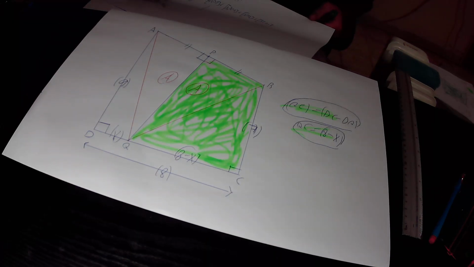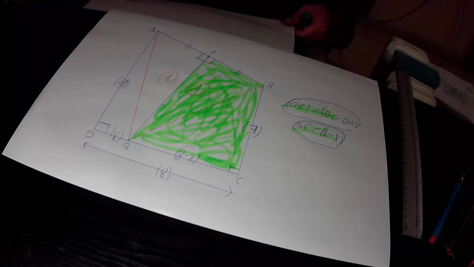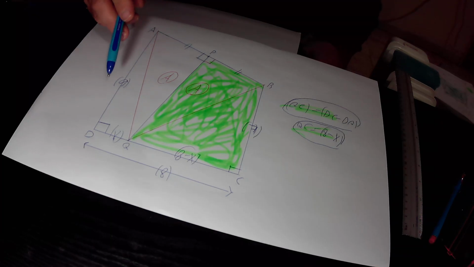This is the area of this right triangle ADQ. It's very easy to see from the drawing that the area of the right triangle ADQ equals DQ times DA over 2.